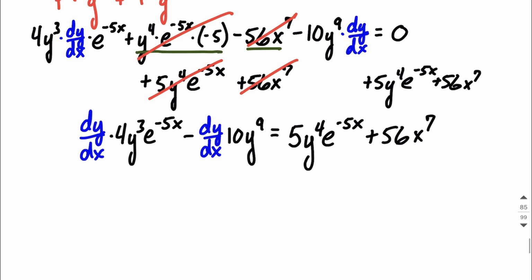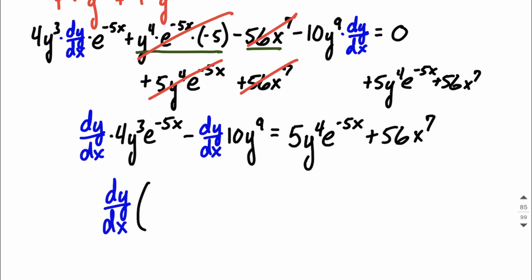All right, so we've isolated all the terms that have dy dx on one side, all the terms that don't have a dy dx to the other side. And I've tried to highlight the dy dx exactly where they are, because the next thing we're going to do is go ahead and factor out. We're going to consider that a common factor for each one of these terms on the left-hand side.